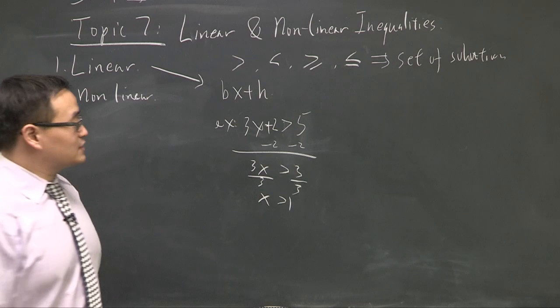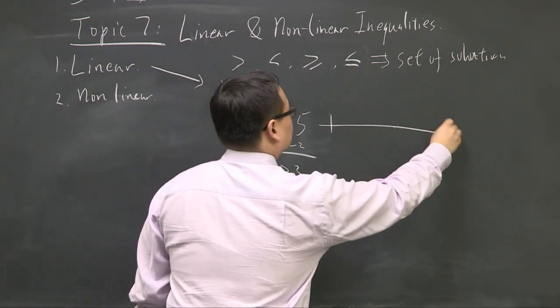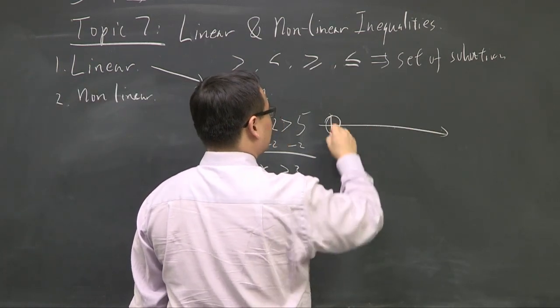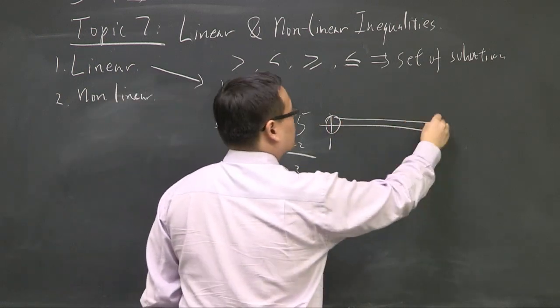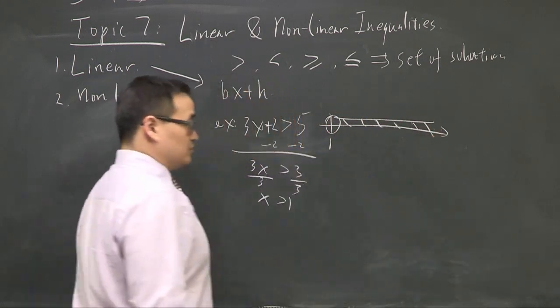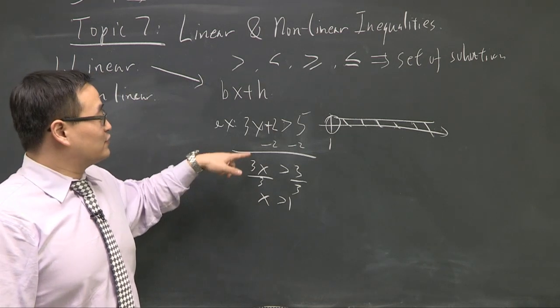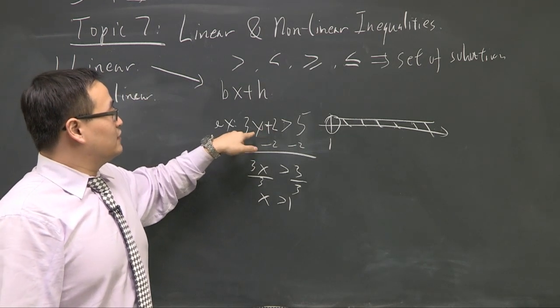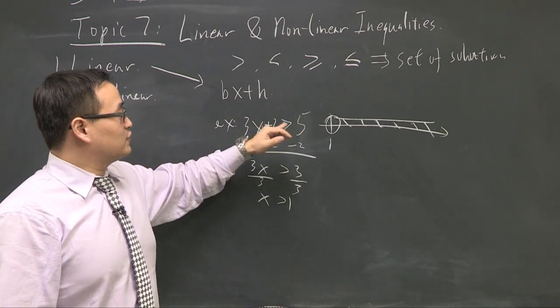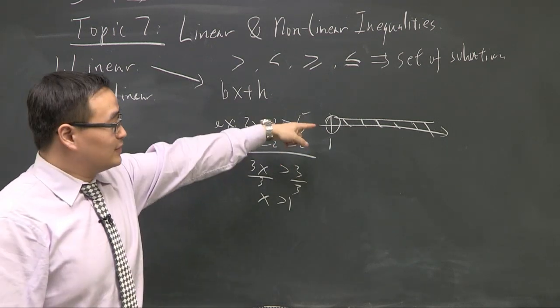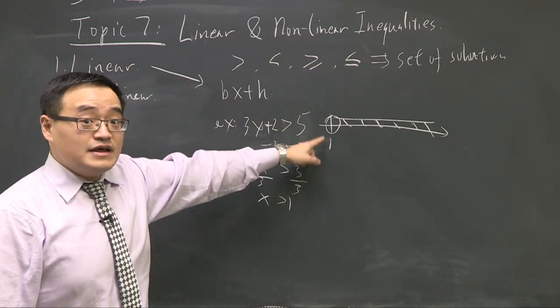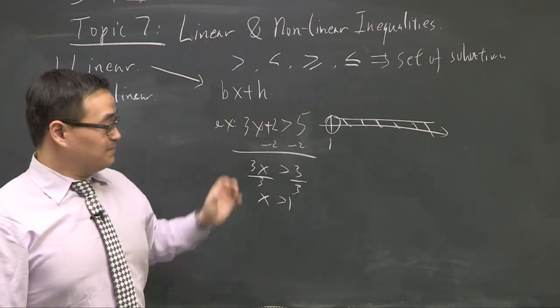So this simply says if I have a number line, anything that's greater than 1 will be my solution. It's an empty circle because it doesn't include 1. 1 doesn't work, because you plug 1 in there, you get 3 times 1, which is 3, plus 2, which is 5. 5 is not greater than 5, so you cannot include 1. But anything greater than that is fair game.